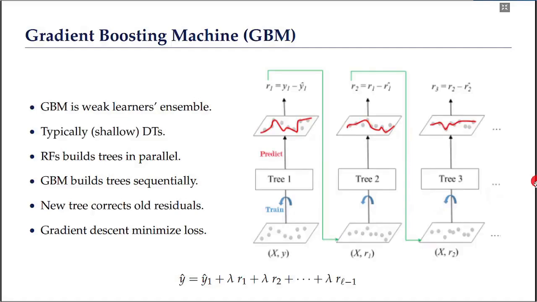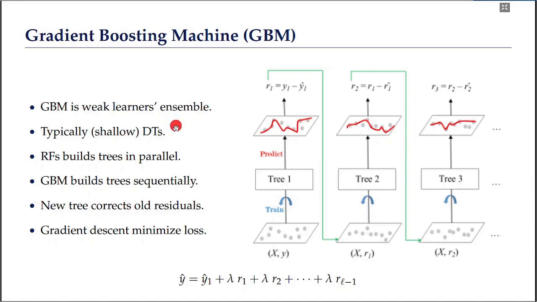Like random forest, gradient boosting machine is also an ensemble method consisting of several learners, or decision trees, or any other algorithms.